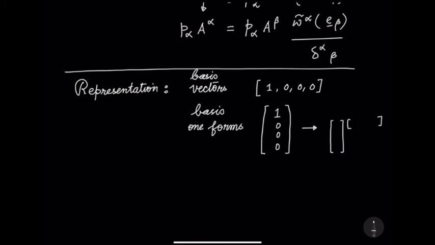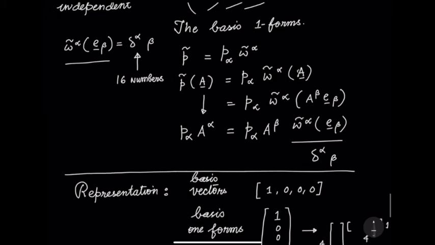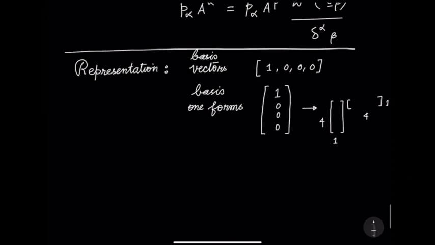And if you know matrix multiplication, you will know that because this is 4 here, 1 here, 1 here, 4 here, I'll get a 4 by 4 matrix. And that in this case is nothing but the identity matrix, which has 16 numbers. All right.